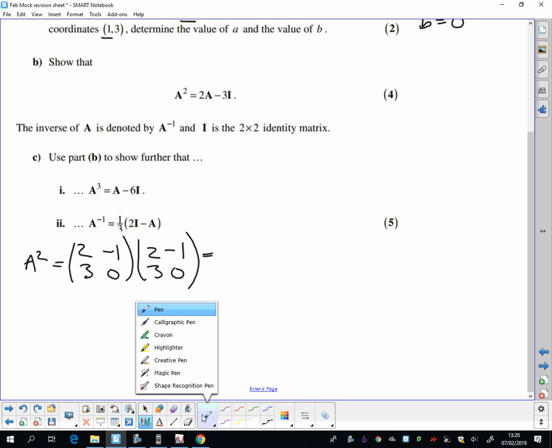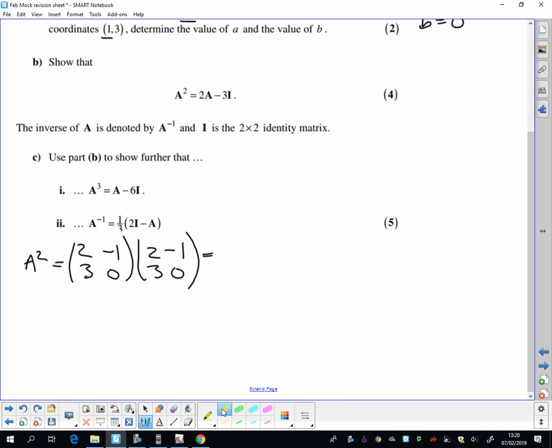Okay, so we've now got 4 elements going on. First row, first column gives me the element in the first row, first column. So 2 times 2 plus -1 times 3. Then we go first row, second column: 2 times -1, plus -1 times 0.